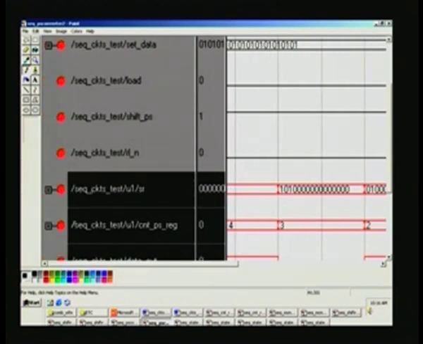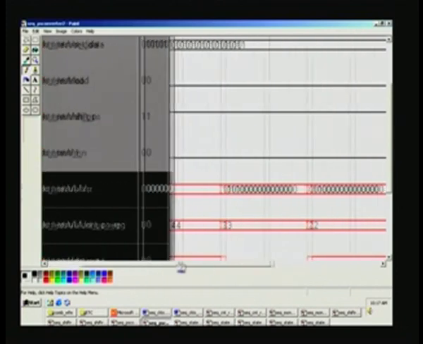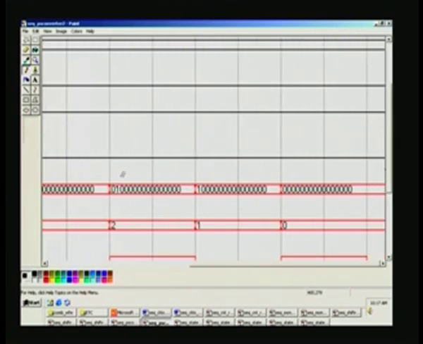I have forgotten to take the in between. I have done both right shift as well as left shift to show, but I should have shown 2 more waveforms. Since you have the code, you can do it yourselves. This is only to show how to analyze the waveform as such.